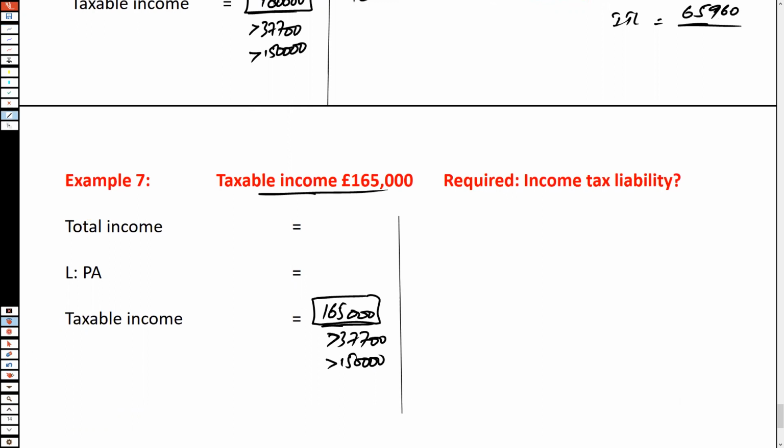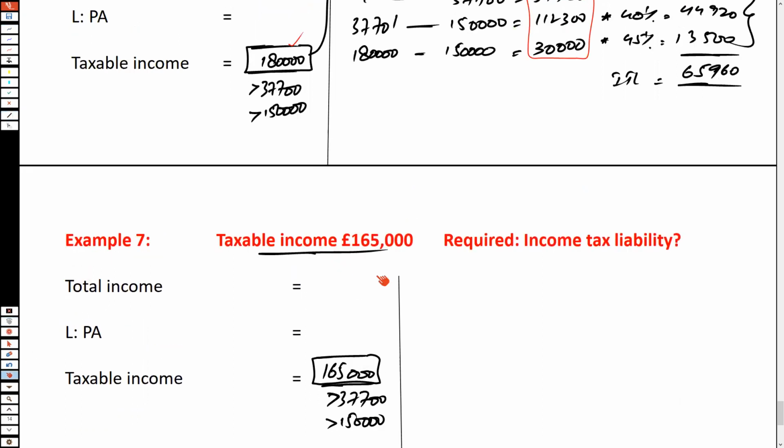Please stop the video here and try to attempt this last example on your own first, and then compare your answer with my calculations. Please stop the video for 1 to 2 minutes.